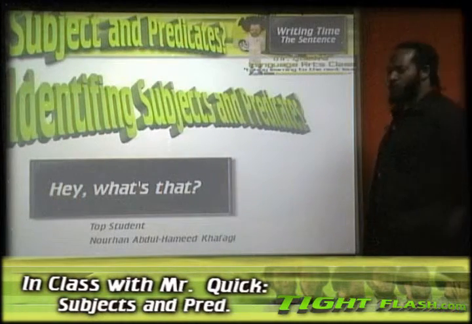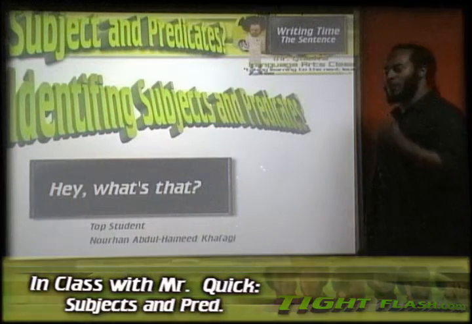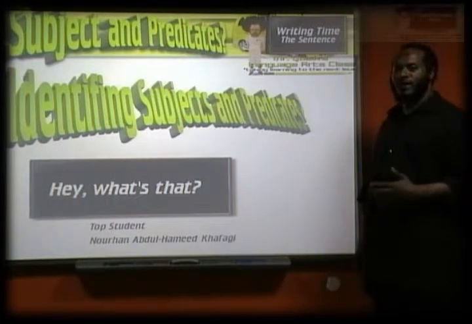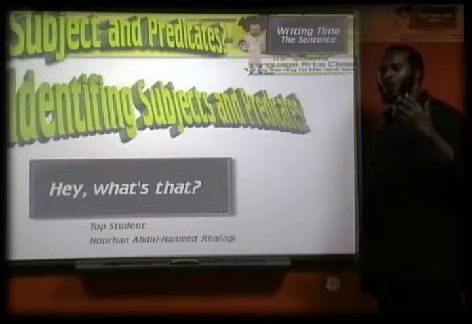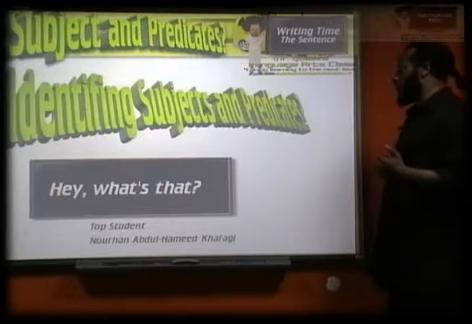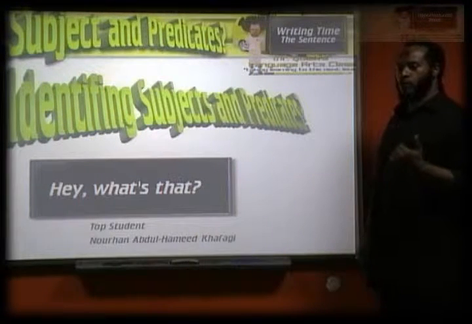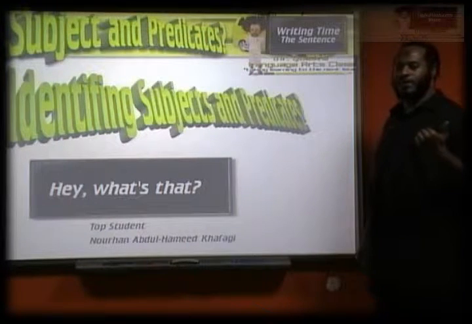And today we're going to talk about something very easy and light. We're going to talk about subjects and predicates. I know this is going to be kind of easy for a lot of people, and you're probably asking, why are we going to cover subjects and predicates? Well, it's very simple. You'll be surprised at how much you can learn from going back and covering those basic things.